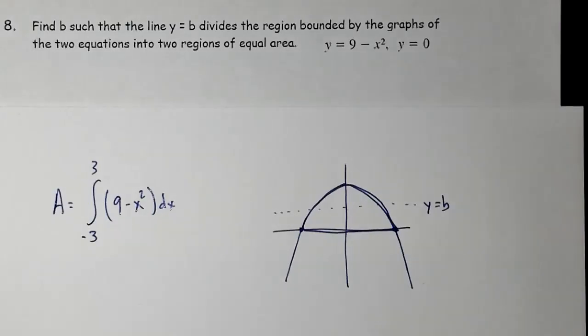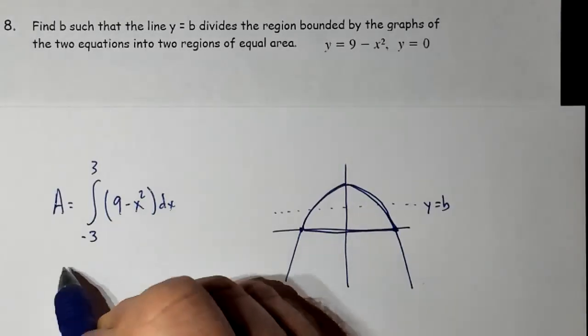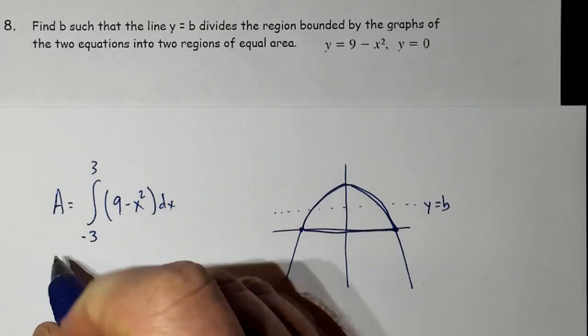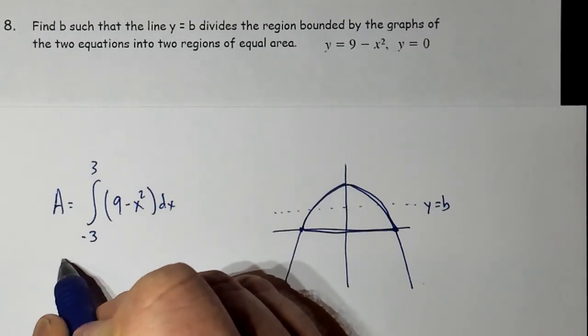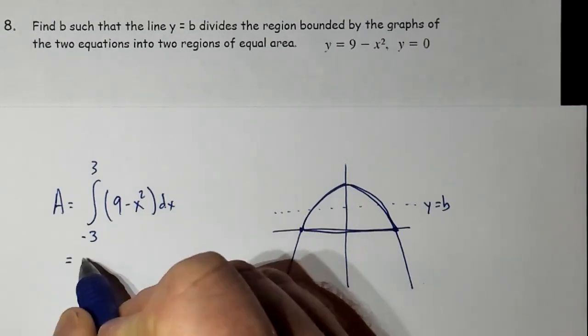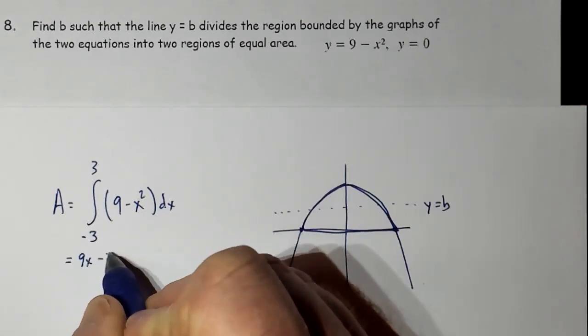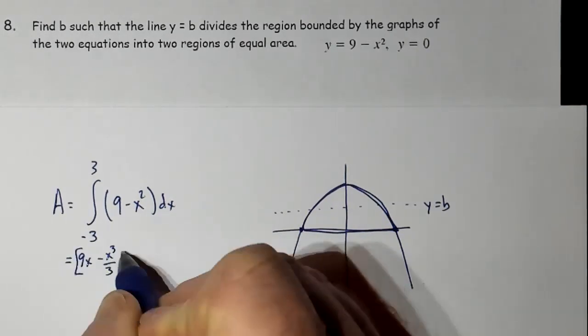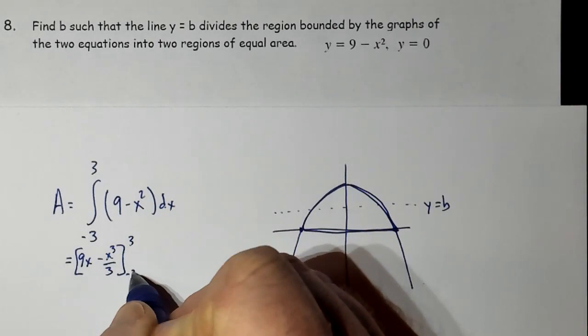Plug it into your calculator. I'm just going to do everything by hand just to show you that it is capable of being done by hand. So I'm going to say that this is equivalent to 9x minus x cubed all over 3 from -3 to 3.